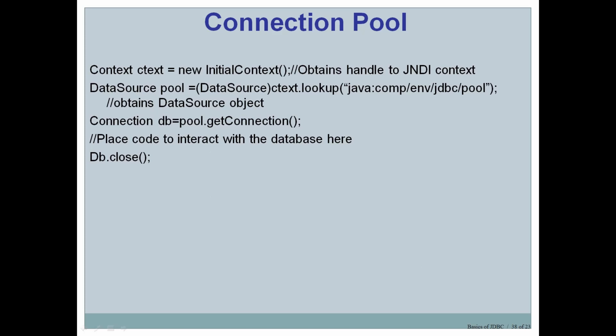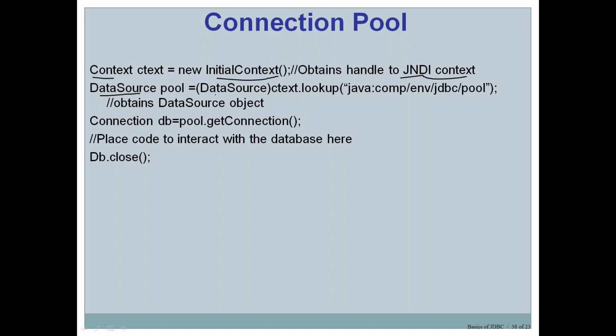For that we have to create an object of Context. Once you create an object of Context, you will get a handle to the JNDI context, that is the Java Naming and Directory Interface context. Now, after having that context, we can create a data source by which we can connect with a connection pool.